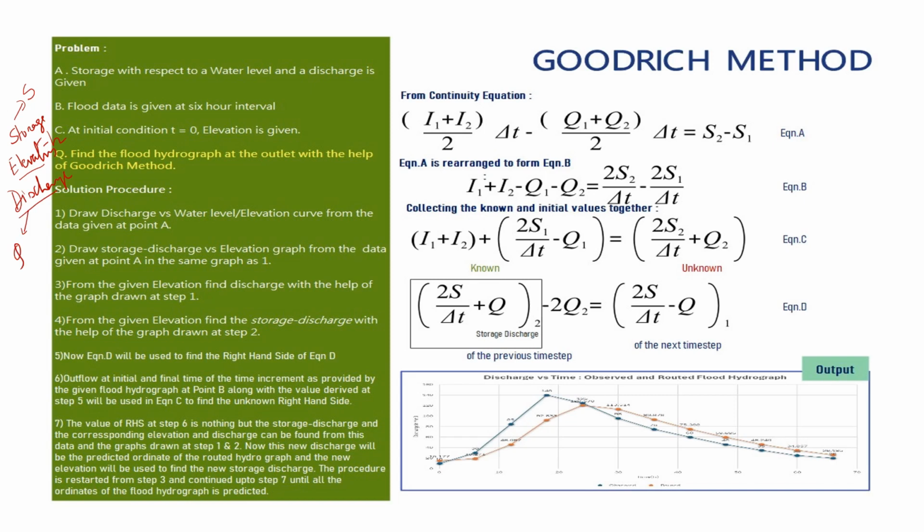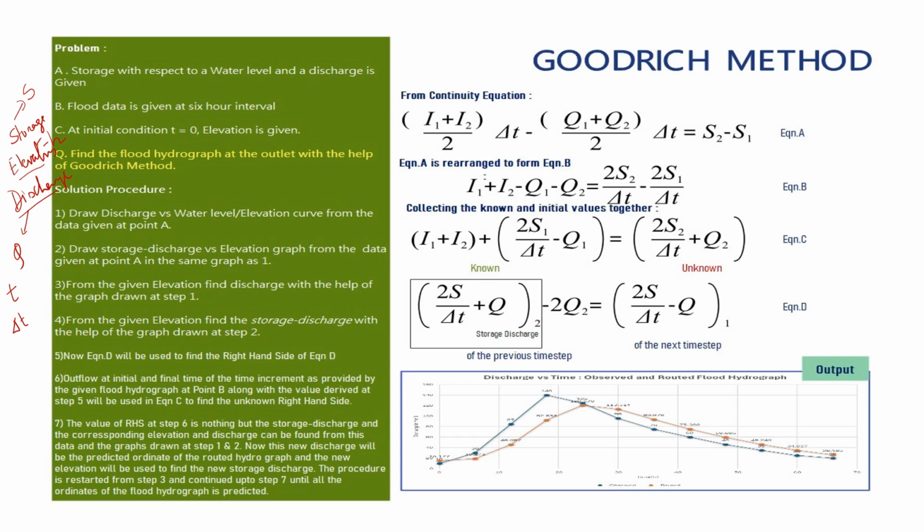And there is a term T. T is the time period, indicates time, and del T is the incremental time period. There are two subscripts used here, 1 and 2. 1 indicates the initial time, 2 indicates the finishing time, the final time.